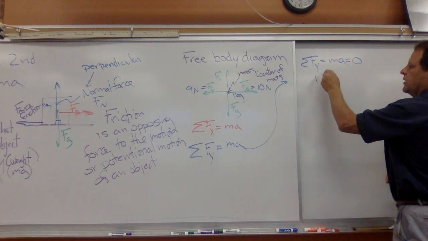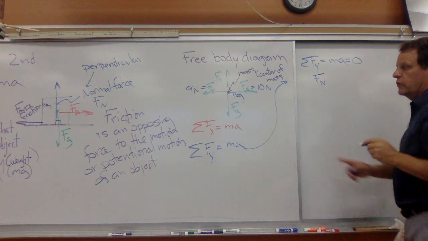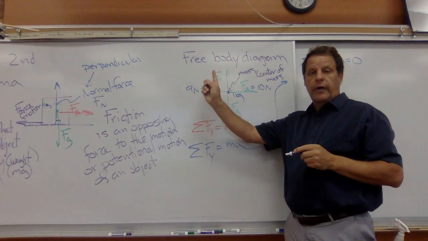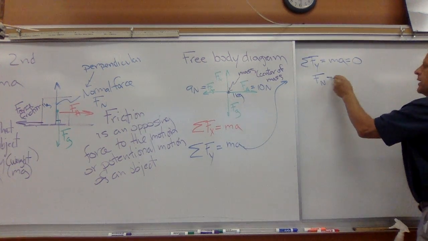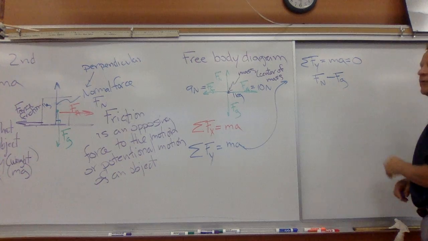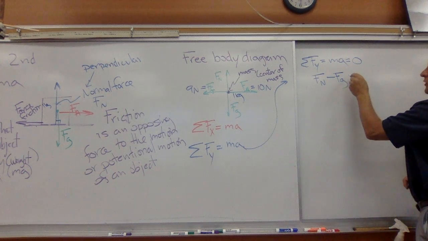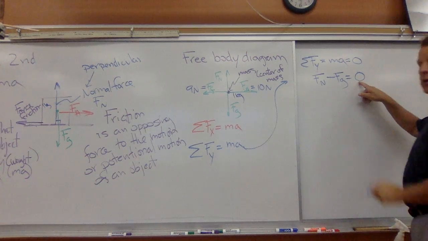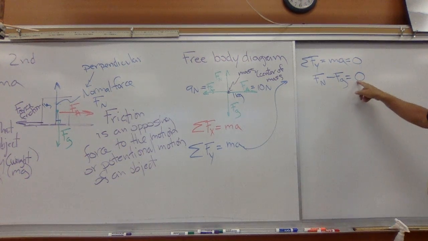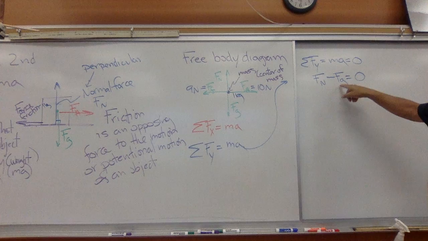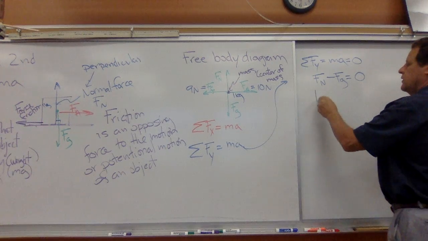So we are going to say that this is 0 just from our situation. So now we can say the normal force that's going up, we're going to call that positive, minus the force of gravity, which is going to be down, and that's equal to 0. So now algebraically, we can move the force of gravity to the other side.